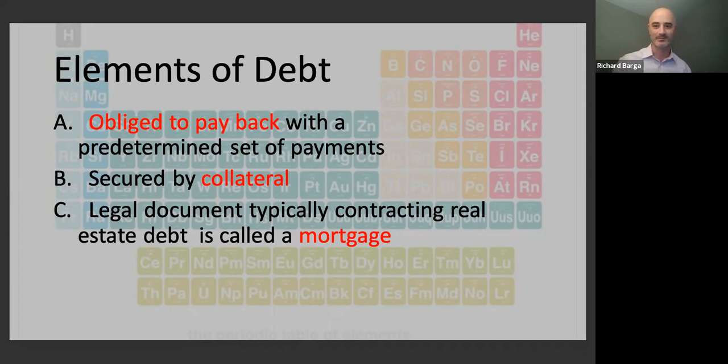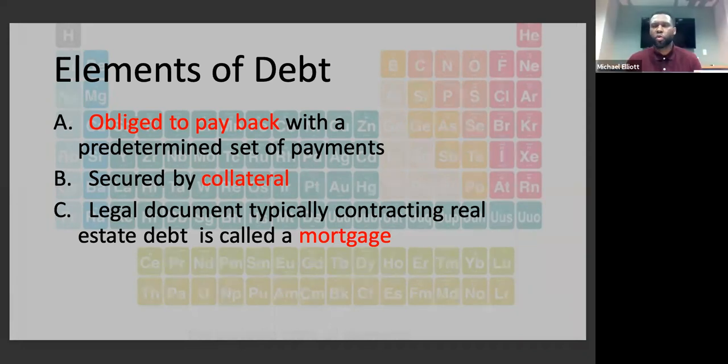Thanks. So just some elements of debt we're going to get into. First of all, with any form of debt you get into, you'll be obligated to pay it back with a predetermined set of payments, typically using an amortization schedule or term. Then most debt is going to be secured by some level of collateral, especially as developers investing in big ticket items. Nine times out of ten, you're going to be required to collateralize it in some way, shape, or form.